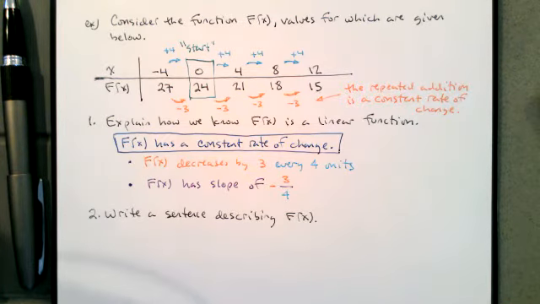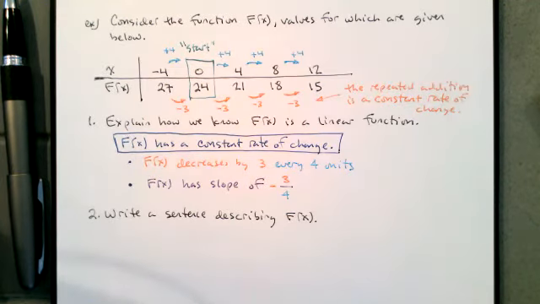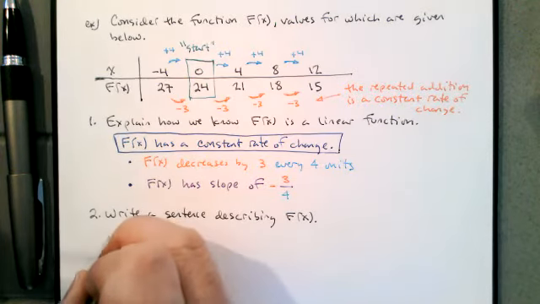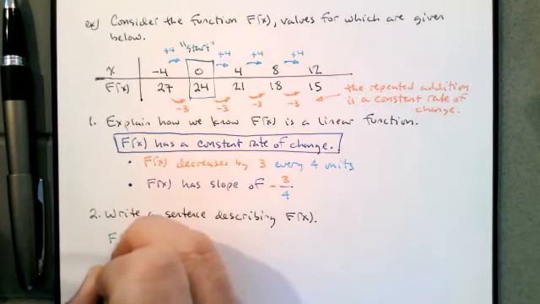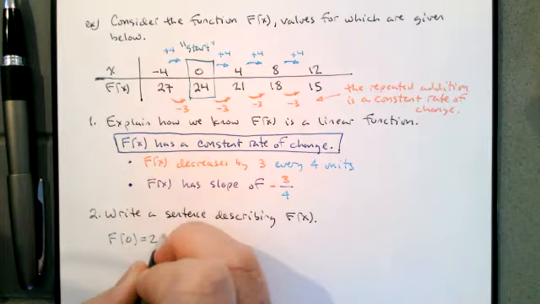And we're going to use the form that we learned to describe linear functions. We would say where the function starts. We could pick any one of these values as a starting point, but we choose x equals 0 as our favorite. So a sentence describing f of x would say that capital F of 0 is equal to 24.